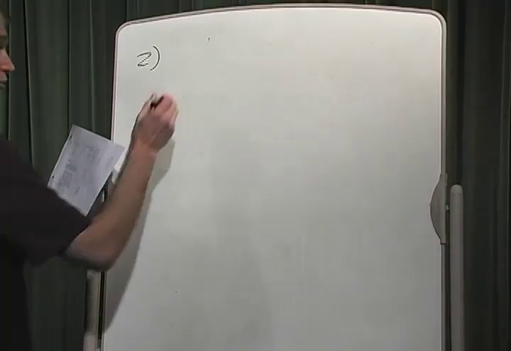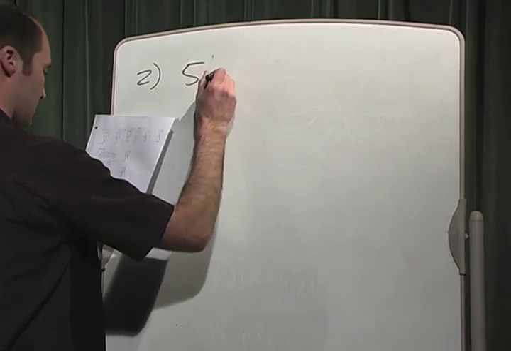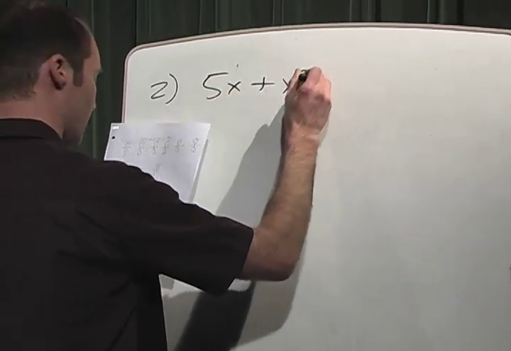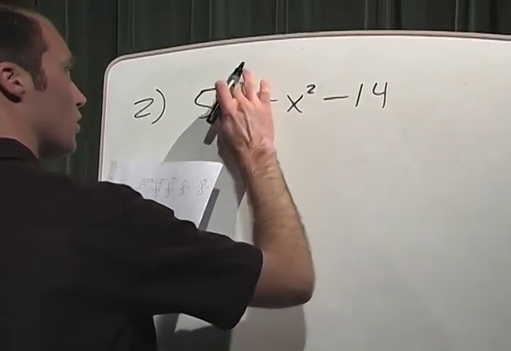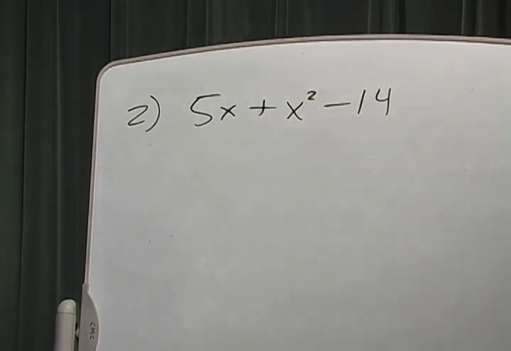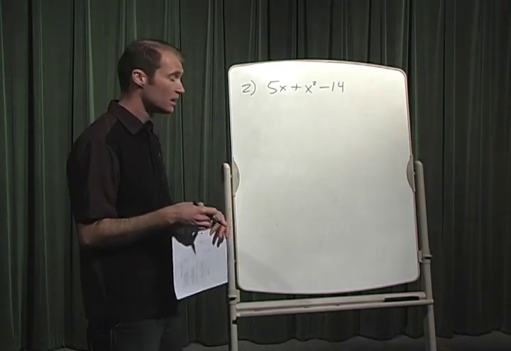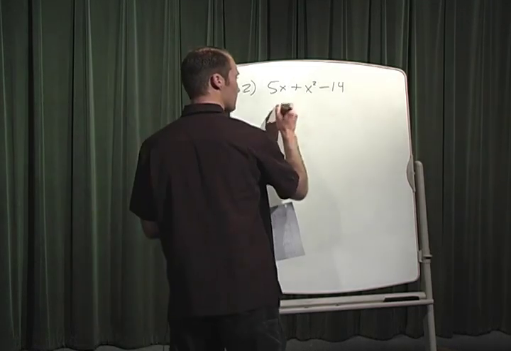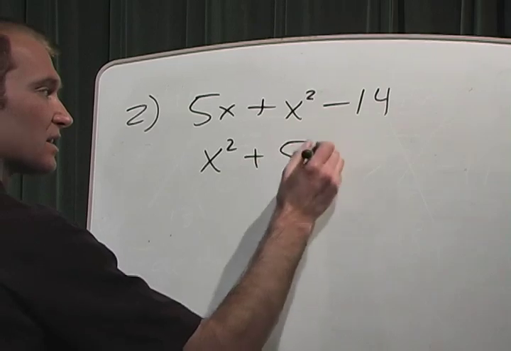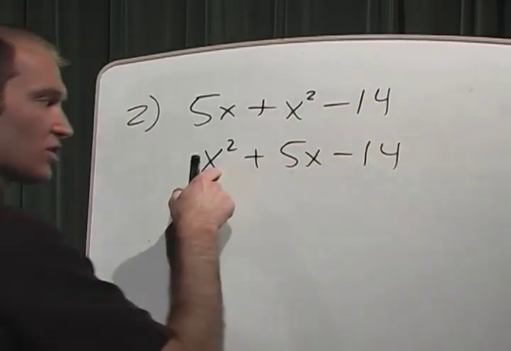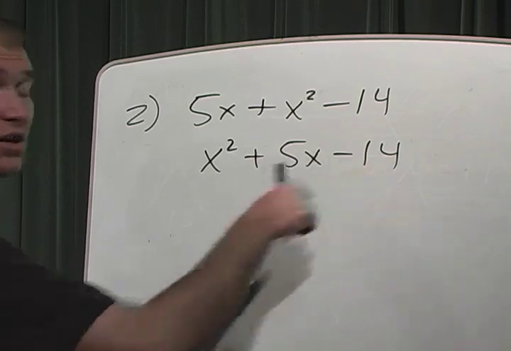If I have the following trinomial, 5x plus x squared minus 14, well, you might think, first of all, this looks a little bit strange. We have to rearrange it so that it's in standard form. We want it to have descending powers of x, x squared, x to the first, and then no x.